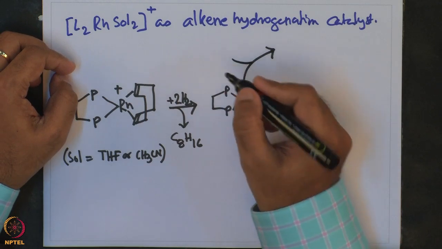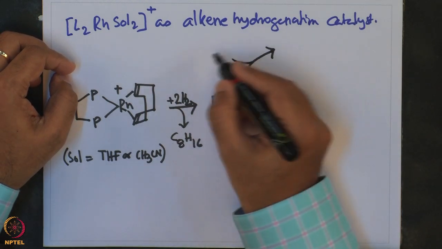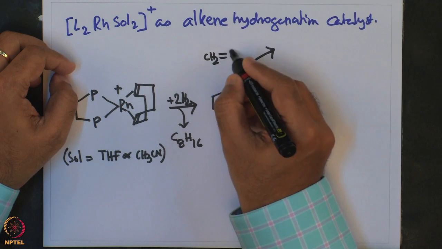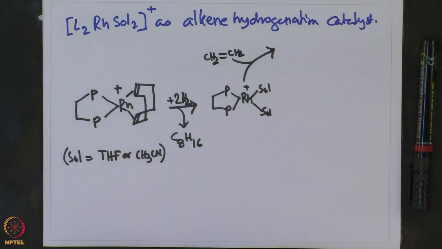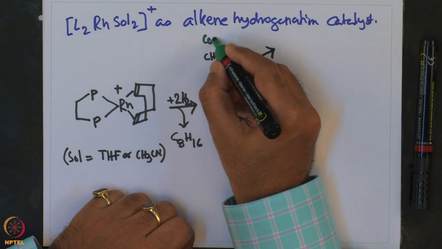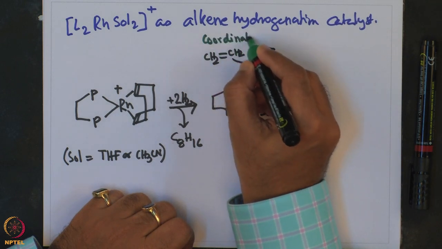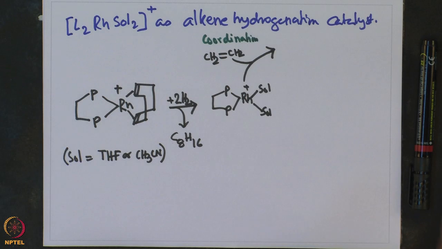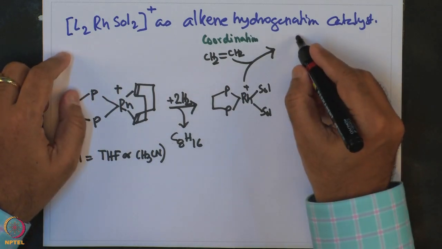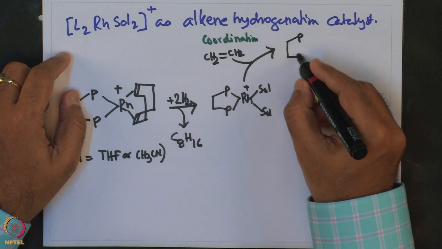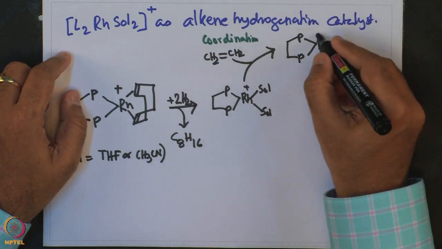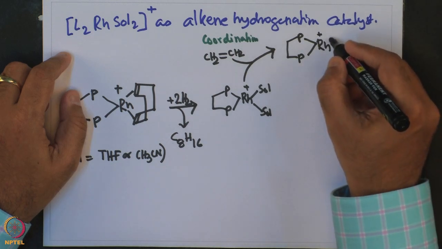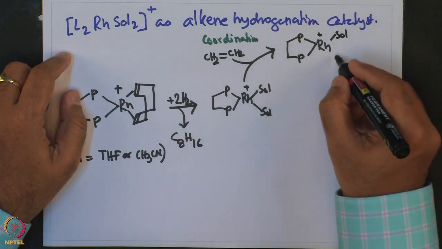That then binds to ethylene, the alkene, and this step is thus called a coordination step, giving rhodium plus with the alkene and solvent.